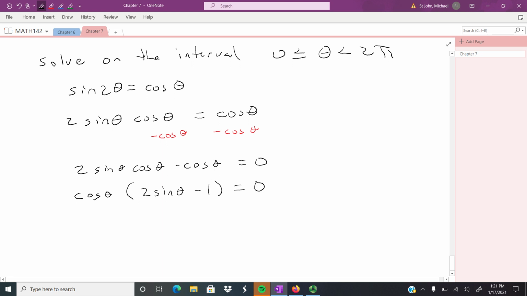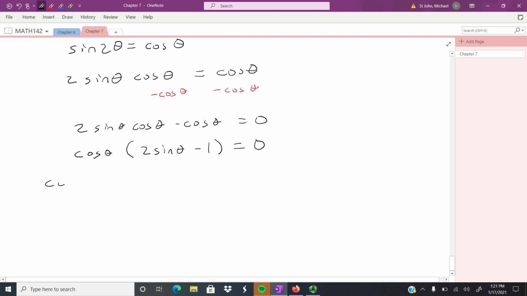And so that would mean either cosine theta equals 0 or 2 sine theta minus 1 equals 0. And so here for this one, that would mean theta is going to be the inverse cosine of 0. And so this is going to be pi over 2, and it would also be 3 pi over 2. See, we're doing the interval 0 to 2 pi.